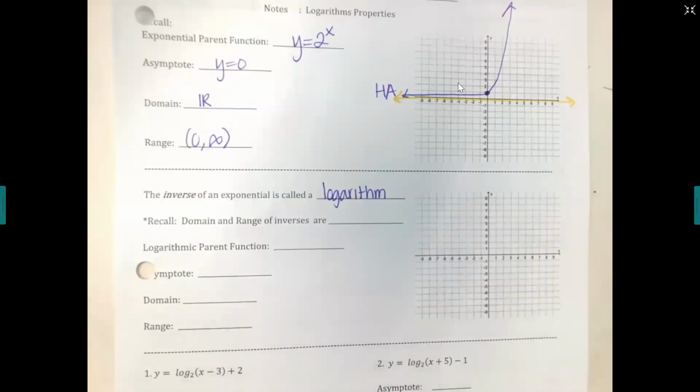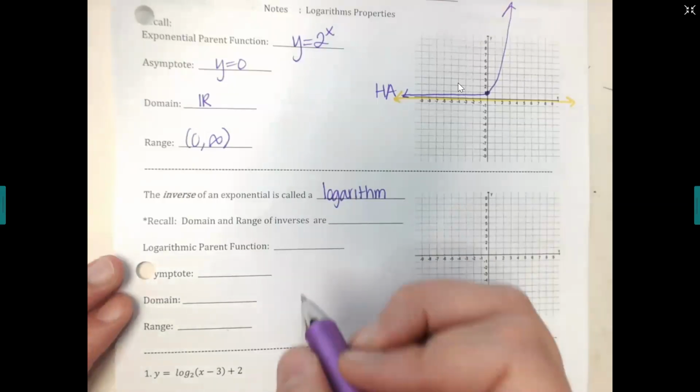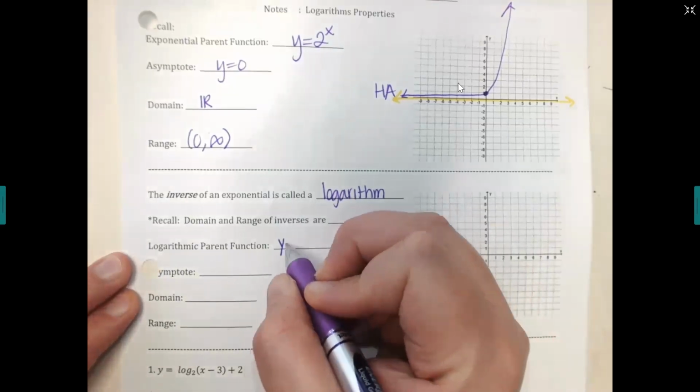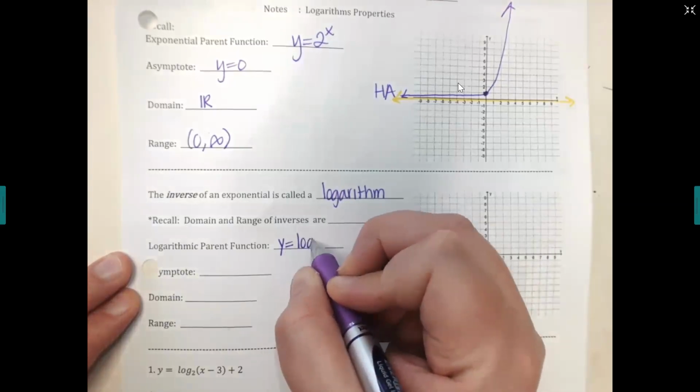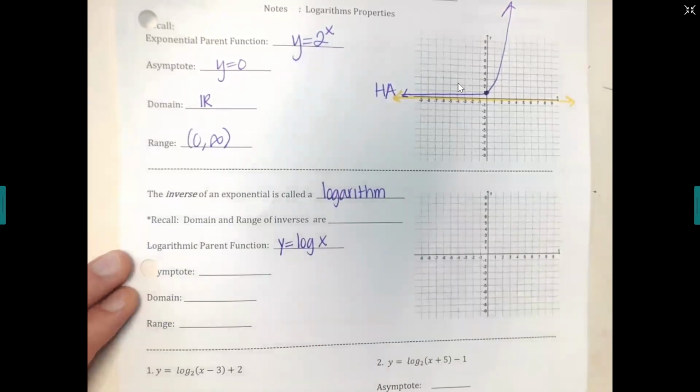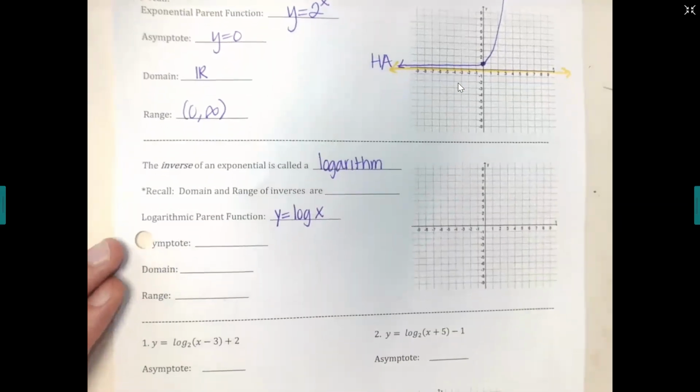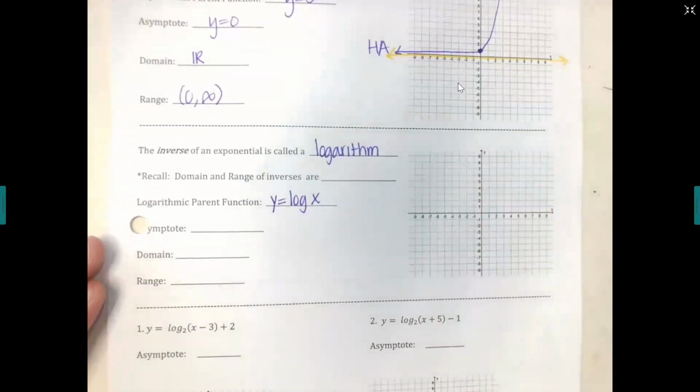I can't think of any more, but there are more. Cube and cubic root, stuff like that. Okay. So for a logarithm, you're going to write down y equals log x. Okay, log is short for logarithm.